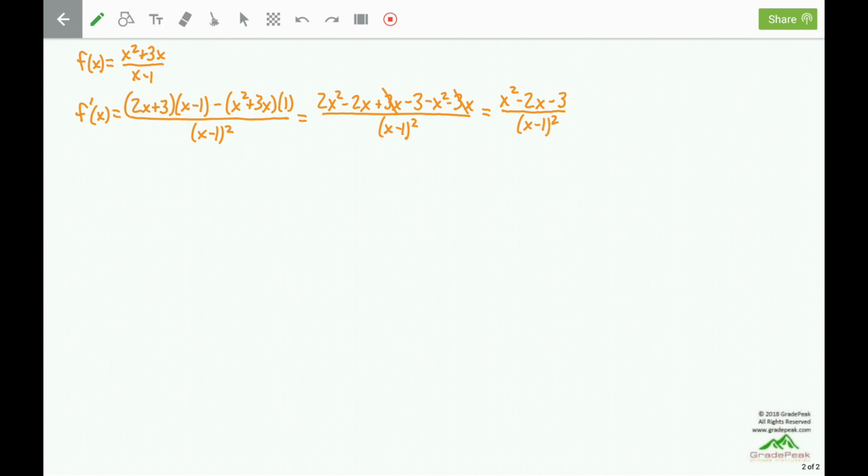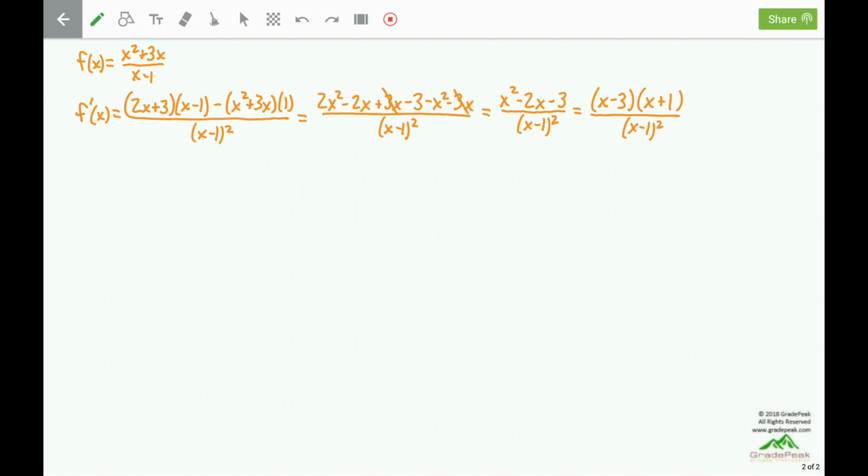We want to fully factor the first derivative. The numerator is a trinomial quadratic and can possibly trinomial factor. We need two numbers that multiply to be a negative 3 and add to be a negative 2. Negative 3 and positive 1 will take care of that. And all of this is over x minus 1 quantity squared.